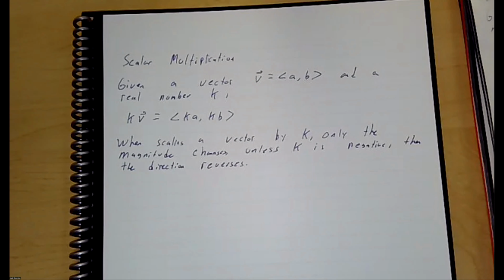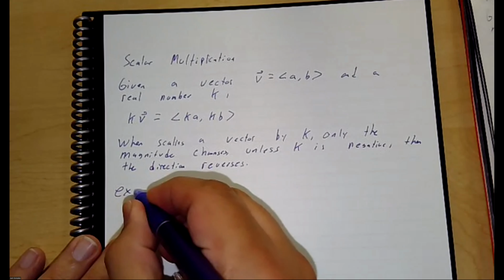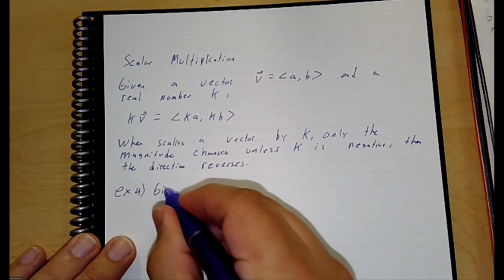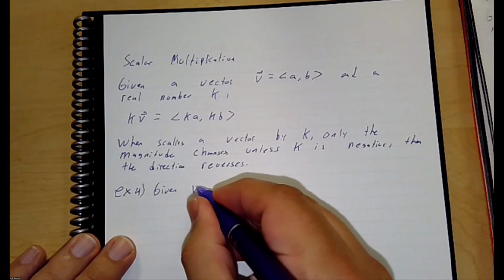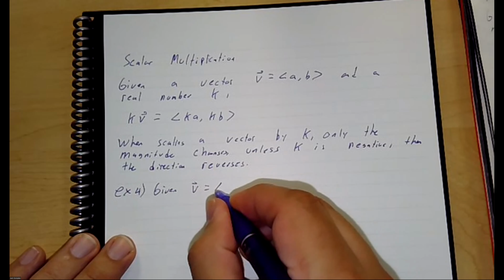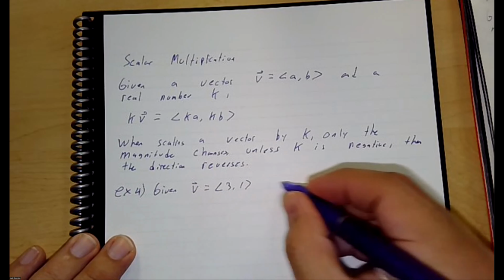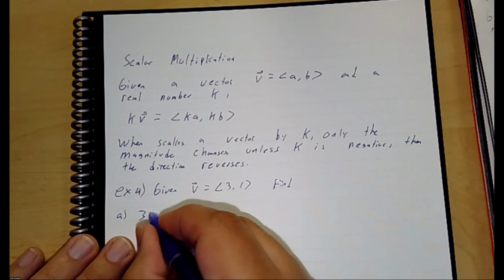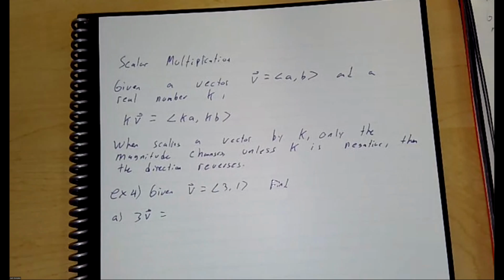Okay. So we'll just do one of these because it's pretty straightforward, I think. Given v equal to 3, 1, find the following, 3v. We'll just multiply everything by 3.